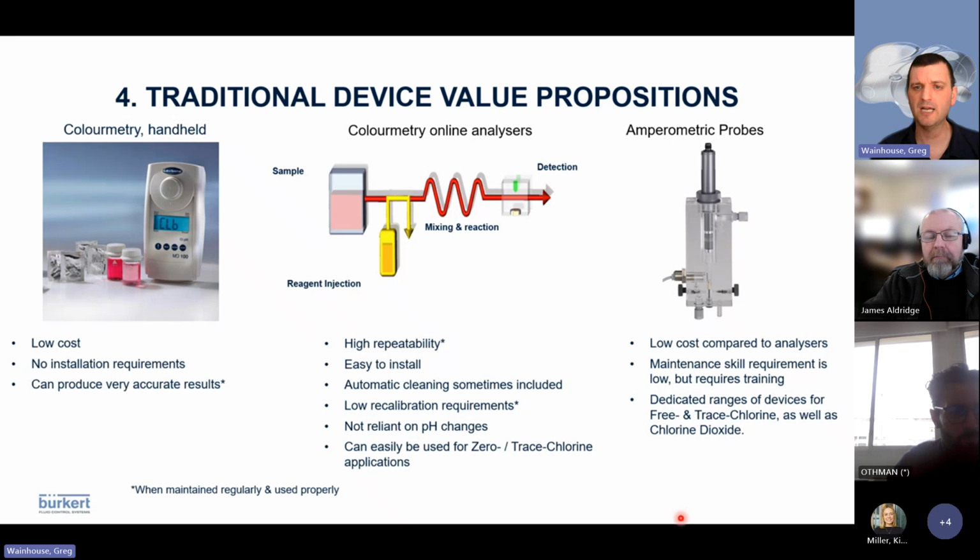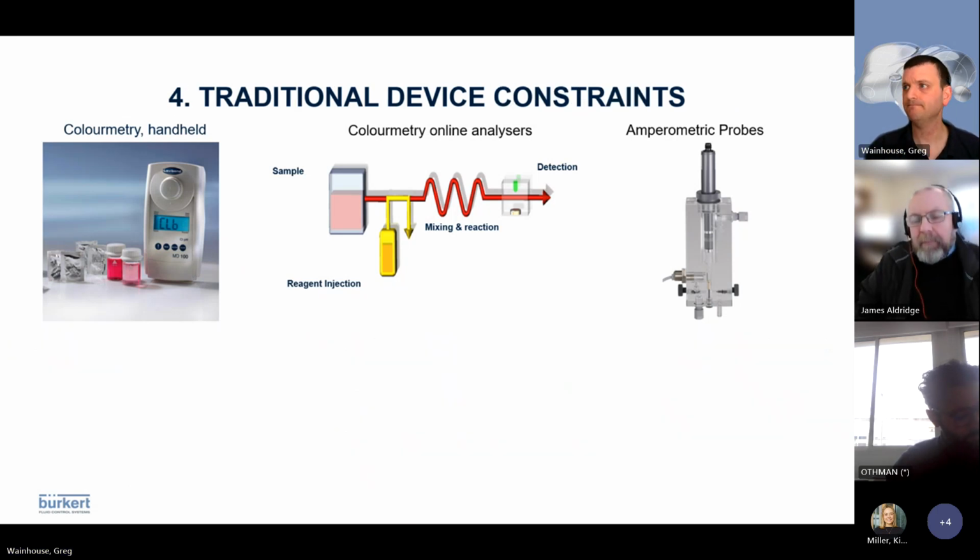So we say the skill requirements on amperometric probes are a little bit lower compared with online analyzers. We do have dedicated ranges of devices for free chlorine, trace chlorine, and chlorine dioxide, so you have to make sure you get the right probe for the process.